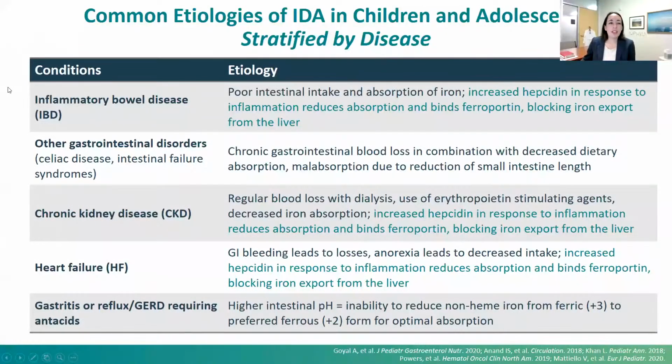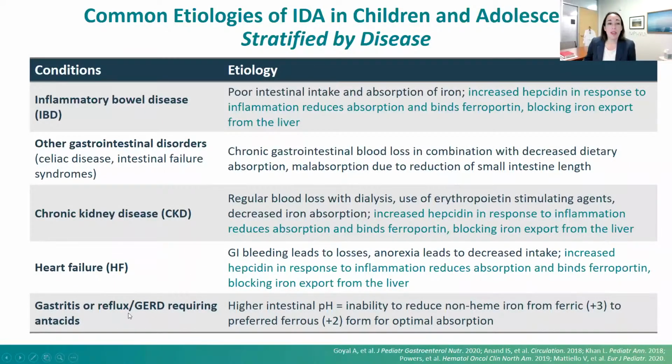Looking at other etiologies that cause chronic inflammation and blood loss, these include inflammatory bowel disease. So this is multifactorial, many different risk factors for IDA: poor absorption, inflammation, blood loss. There are many other GI disorders that can similarly affect the GI tract and affect iron absorption. Individuals with chronic kidney disease may have low erythropoietin production and have other risk factors for blood loss and increased hepcidin.